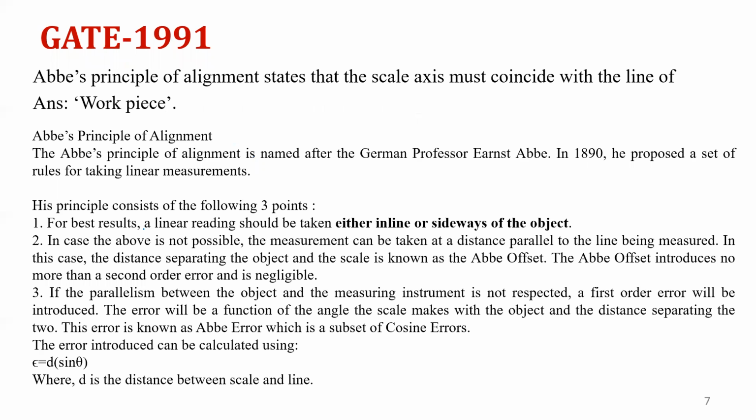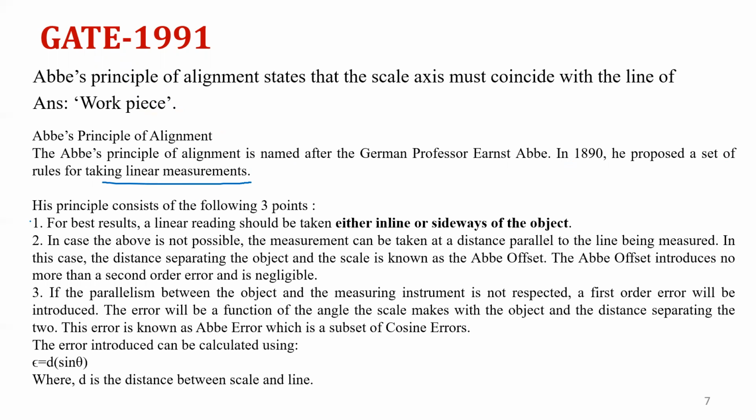Next, Abbe's principle of alignment states that the scale axis must coincide with the line of measurement. In order to answer this question, we need to understand what is Abbe's principle of alignment. Abbe's principle of alignment is named after the German professor Ernst Abbe in 1890. He proposed a set of rules for taking linear measurements.